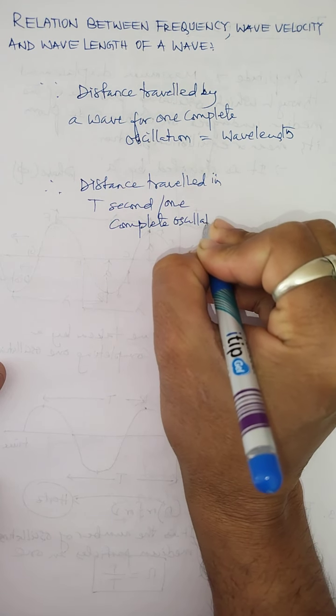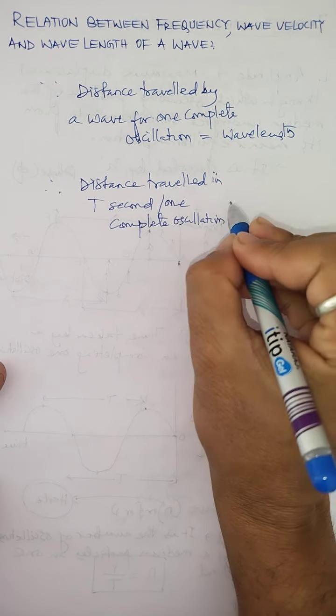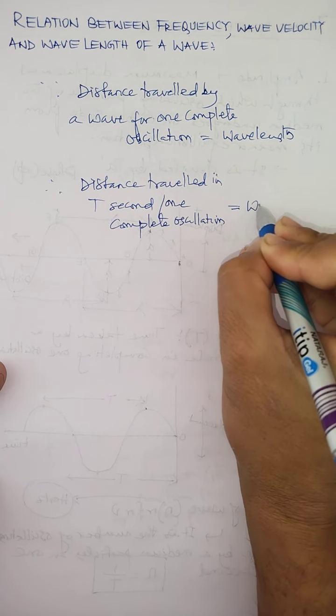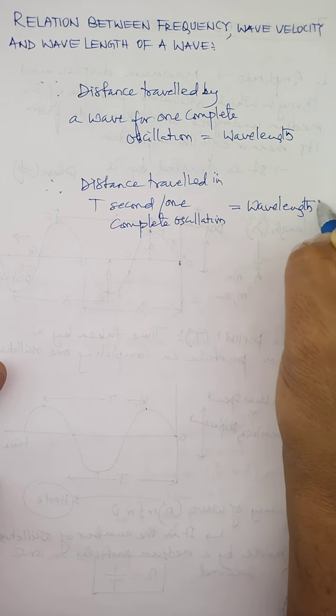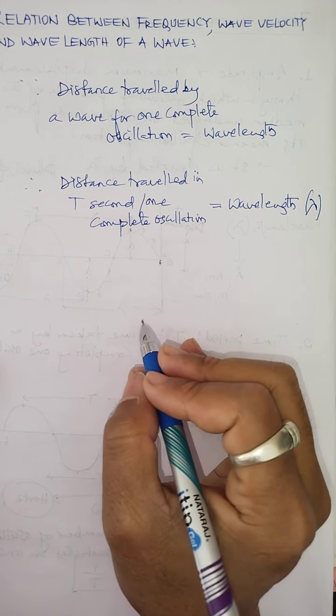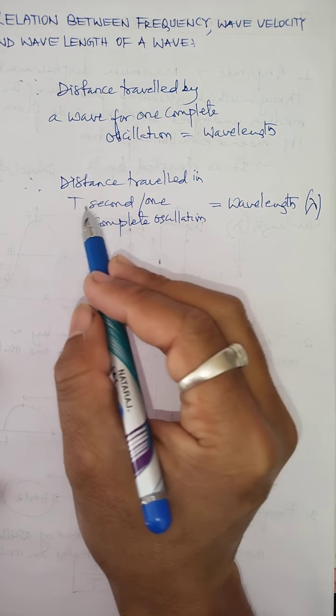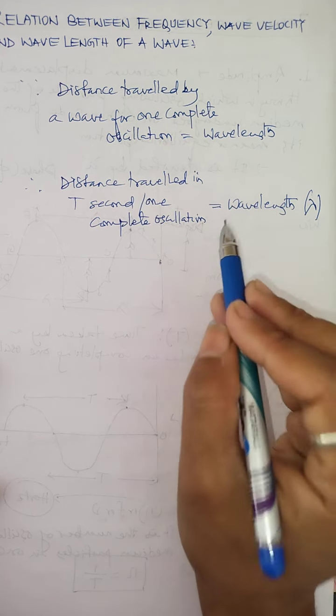So distance traveled by a wave in one complete oscillation, that is, distance traveled in T second, is equal to the wavelength. And the symbol of wavelength is lambda. So in time T second, the distance traveled by a wave is one wavelength.